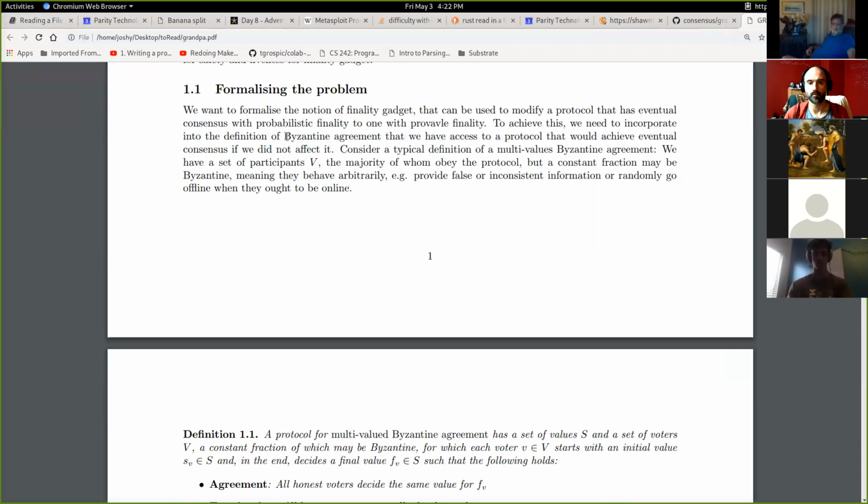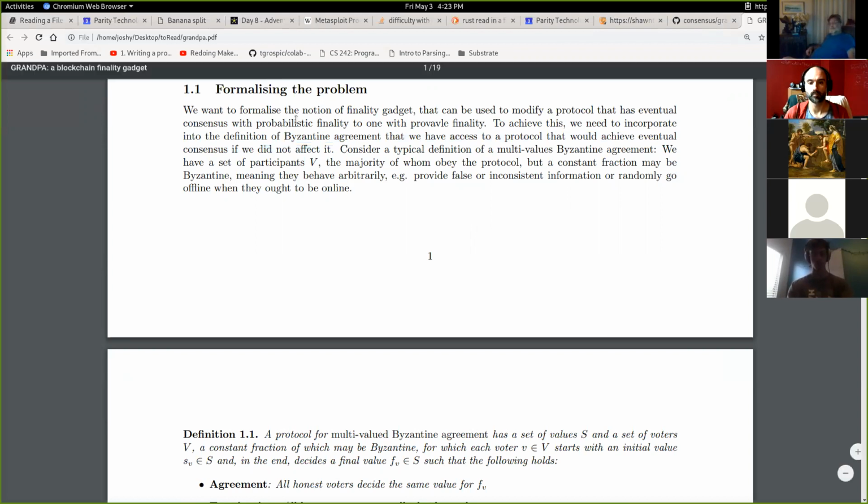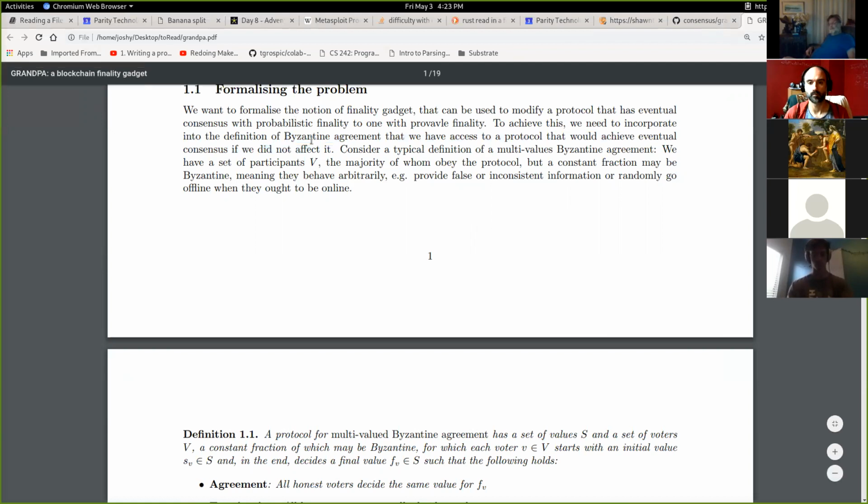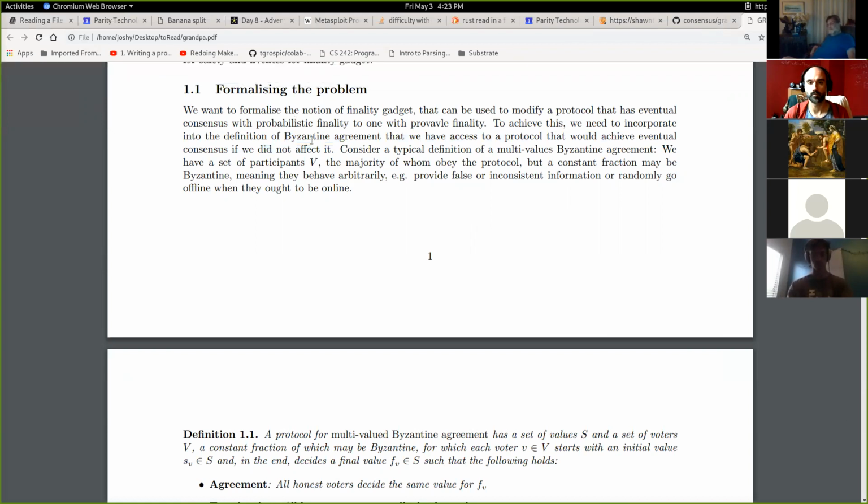And the deeper into the chain you go, the more likely it is to finally be there. So that probability of finality based on the block production mechanism is the heuristic they're going to use to initialize the values in Grandpa.